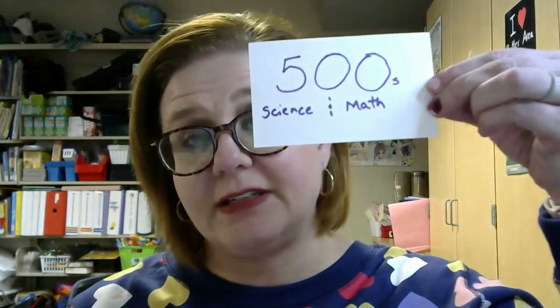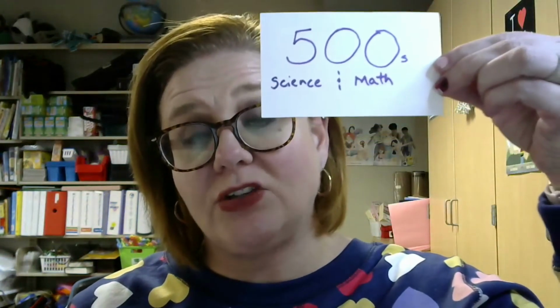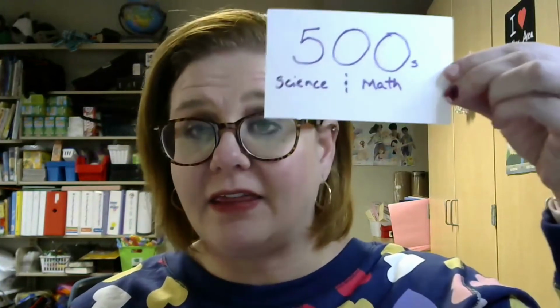Today, we are going to take another deep dive into the DDC, or the Dewey Decimal Classification System. Today's deep dive explores the 500s section of the Dewey Decimal System, which includes topics related to science and math.